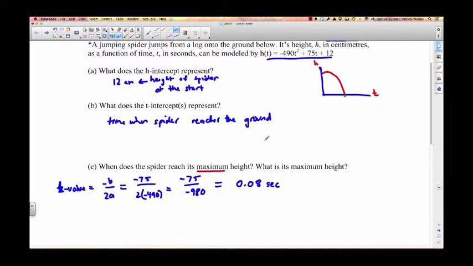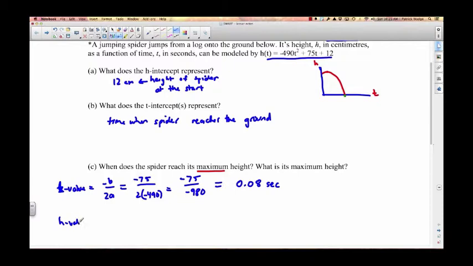Okay, now we need to get the y value, because the y value, and actually it's not the y value, is it? It's the h value, will tell us its highest point. We need the vertex, the h value of that vertex. So there's 2 ways we could do it. We could throw it into that complicated formula, which I don't even know, 4ac minus b squared or something like that. Or we could take this value, the 0.08, and plug it into all the t's here. So I'm going to do that. The y value, which isn't really a y value, it's an h value.